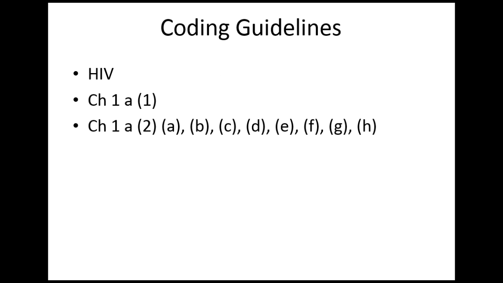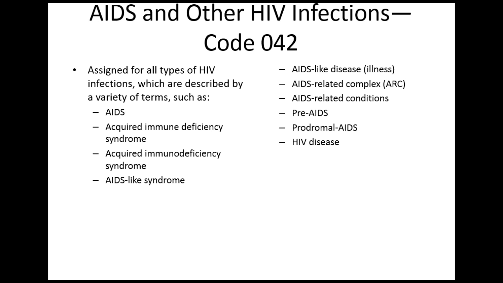We have very specific coding guidelines for HIV. Code 042 is assigned for all types of HIV infections, which may be described by the terms AIDS, acquired immune deficiency syndrome, acquired immunodeficiency syndrome, AIDS-like syndrome, AIDS-like disease or AIDS-like illness, AIDS-related complex with the abbreviation ARC, AIDS-related condition, pre-AIDS, prodromal AIDS, and HIV disease.